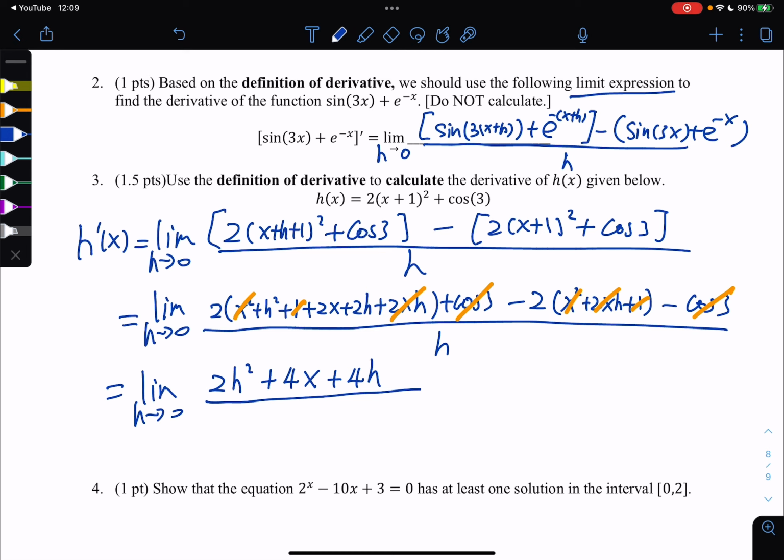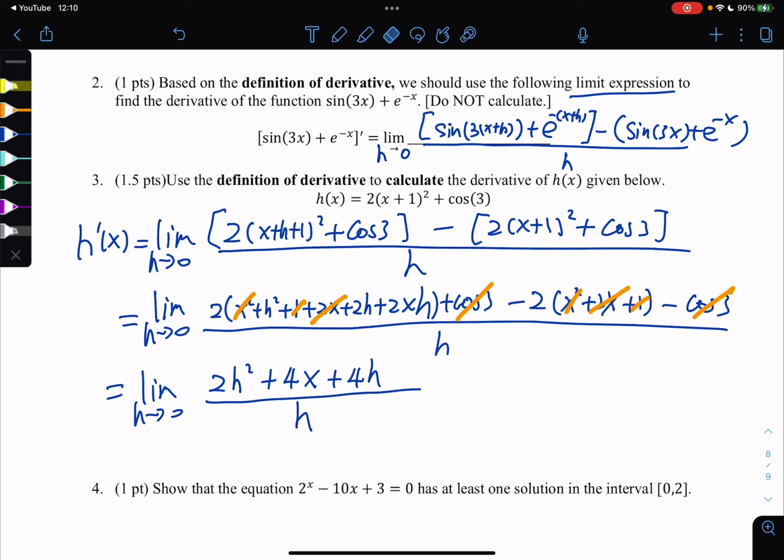I think I'm missing something. My bad, I made a mistake. I'm so sorry about that. So here's my mistake. It's 2x squared plus 2x, right? I'm so sorry about that. So when I do cancellation, the 2x cancels with the 2x.